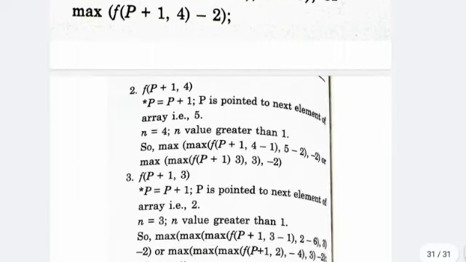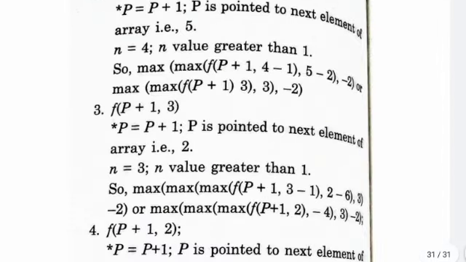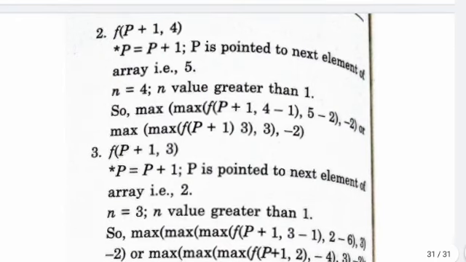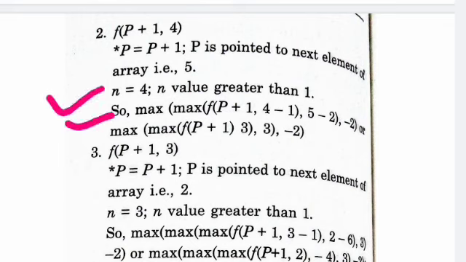Now calling the function f(p plus 1, 4), we get n equal to 4, and it is also going to be the max function, which is represented like this. Now we again execute the function f(p plus 1, 3).